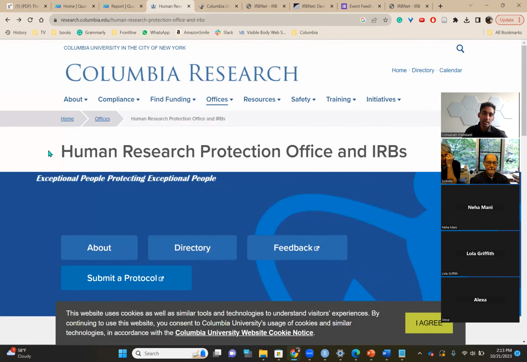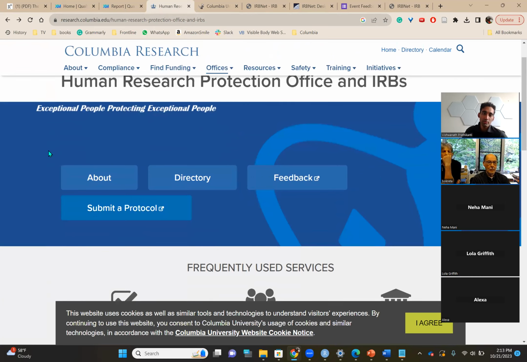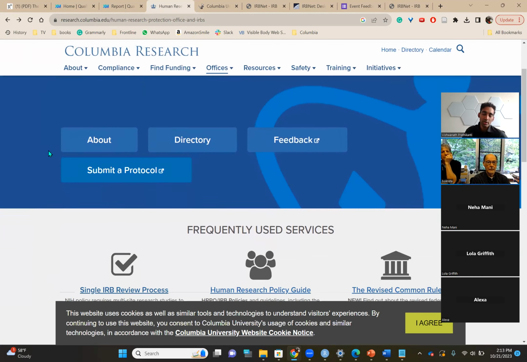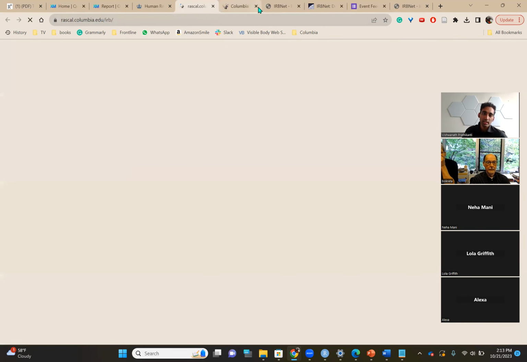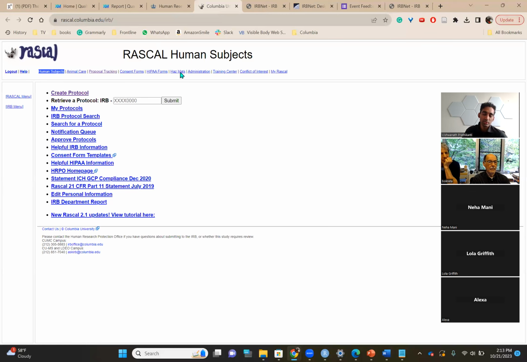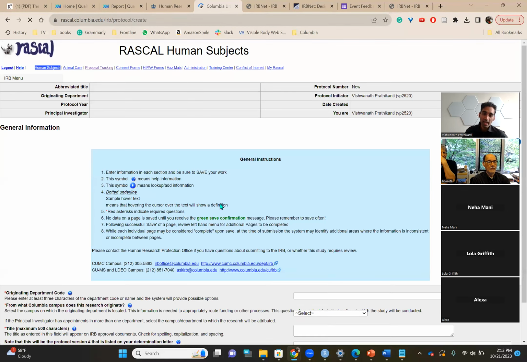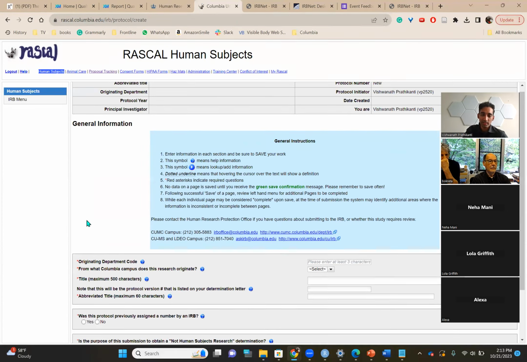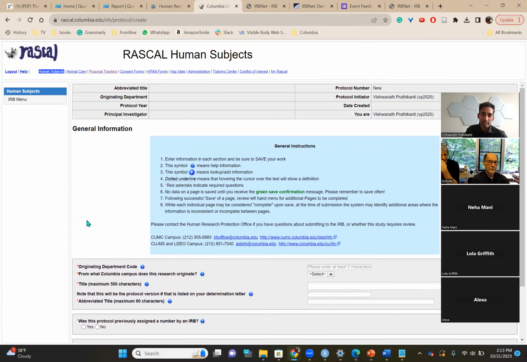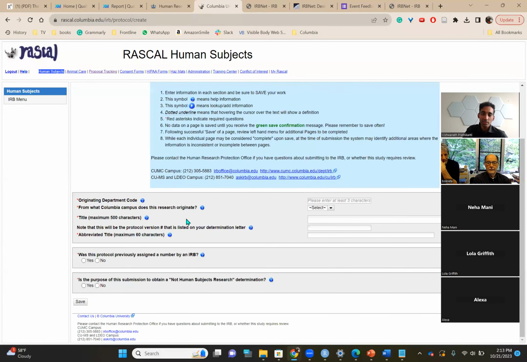So this is Columbia's Human Research Protection Office, an IRB. They have a nice little button right here that just says submit a protocol. Once you click that, you go into this document, create a protocol. I haven't written any IRBs for Columbia, so it won't have any saved ones, but it'll be the exact same information.